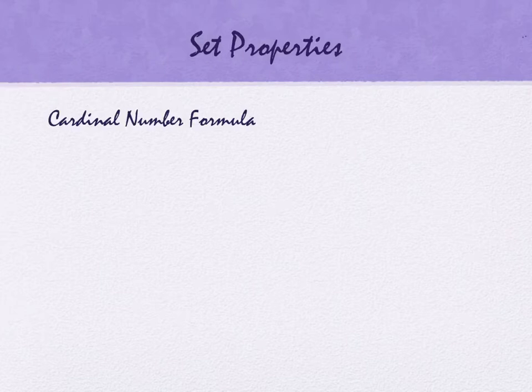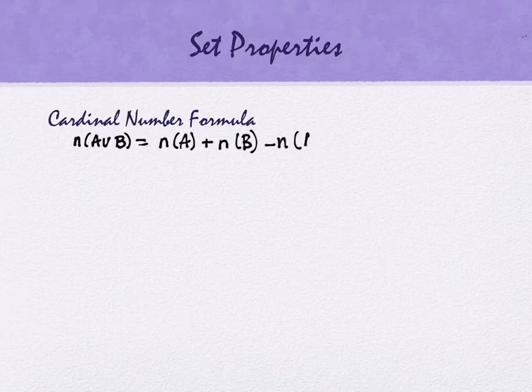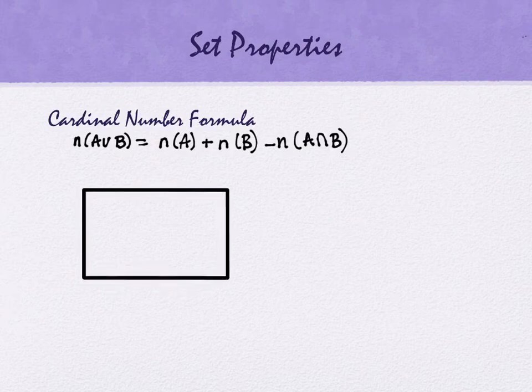What it says is that the number of items in A union B is the number of items in set A plus the number of items in set B minus the number of items in set A intersect B. When you look at it the first time, it feels a little bit counterintuitive to be subtracting. But let me show you from a Venn diagram perspective why it actually works. So just draw your 2 circles that overlap.